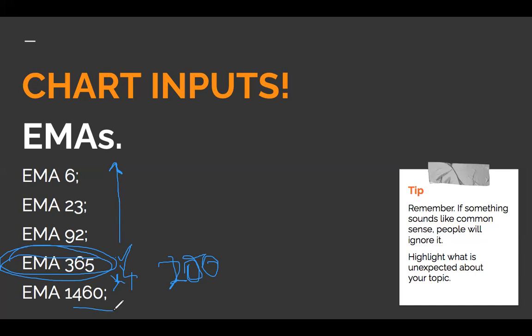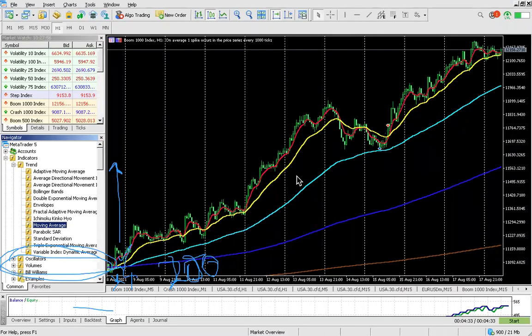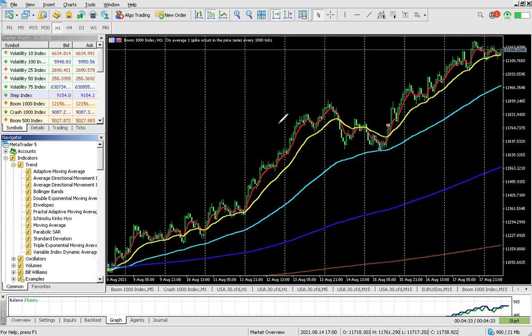Now, if you go to any chart on any synthetic index and put these EMAs, you will see that they work perfectly. Okay, so let's actually move to the chart so that you can see. Let me clear all drawings, and let me show you this.